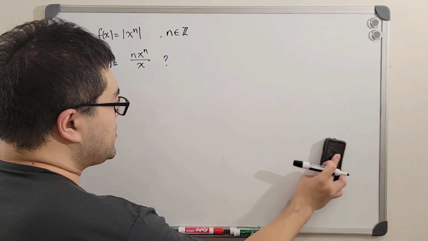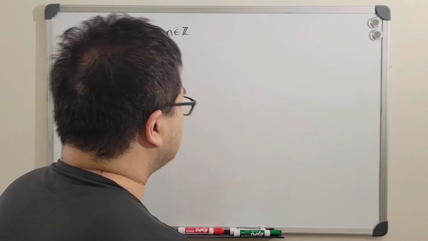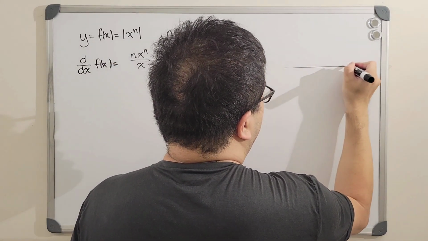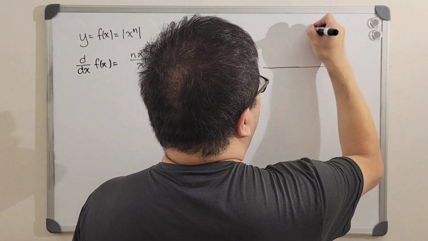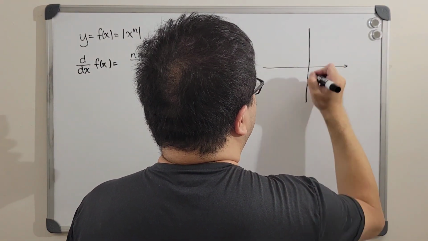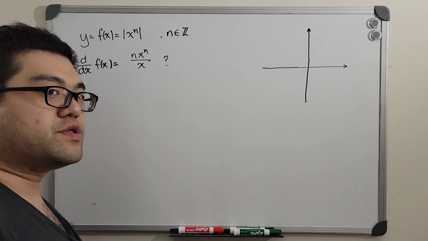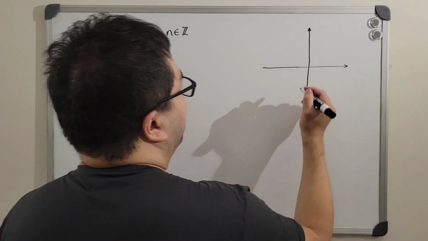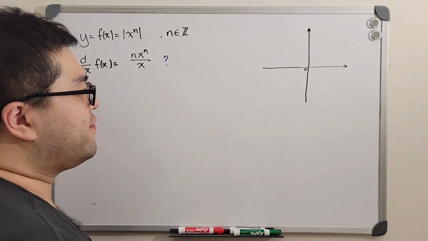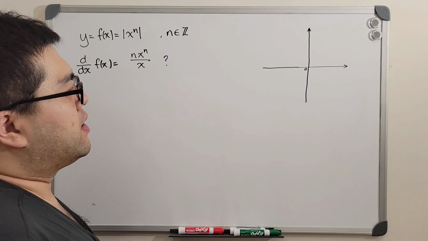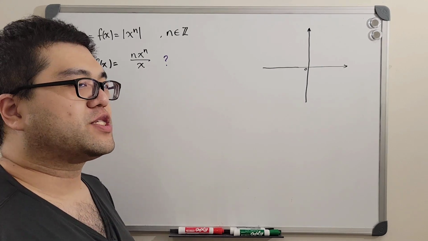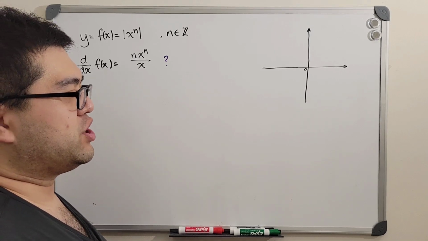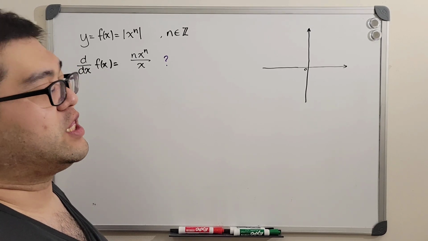Now, suppose that we consider the graph of the original function itself. We already talked about what happens when n is equal to 0: it will provide us the constant function y equals 1. And when n is negative, we will need to exclude x equals 0 from the domain, just like how we need to exclude it without the absolute sign anyway.